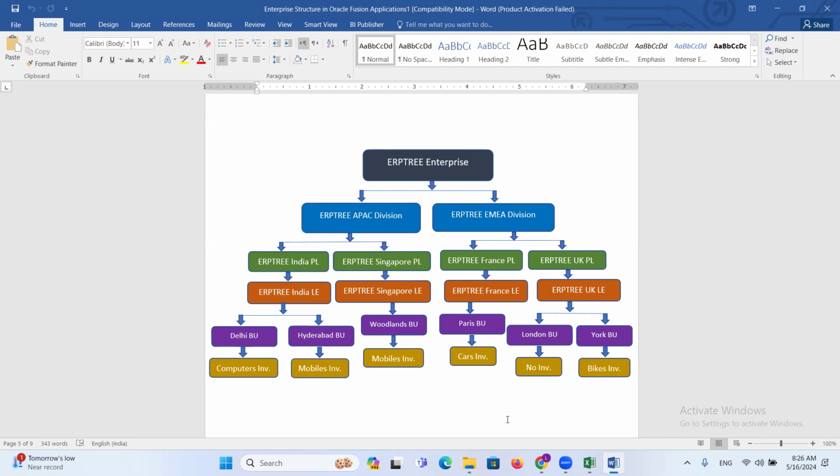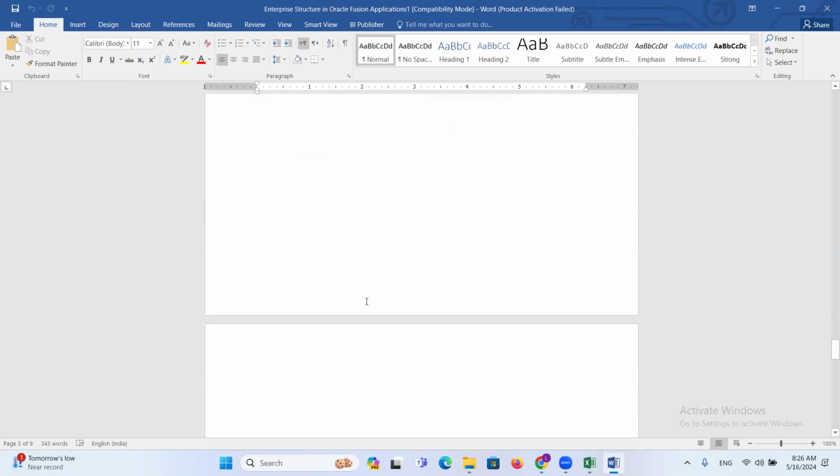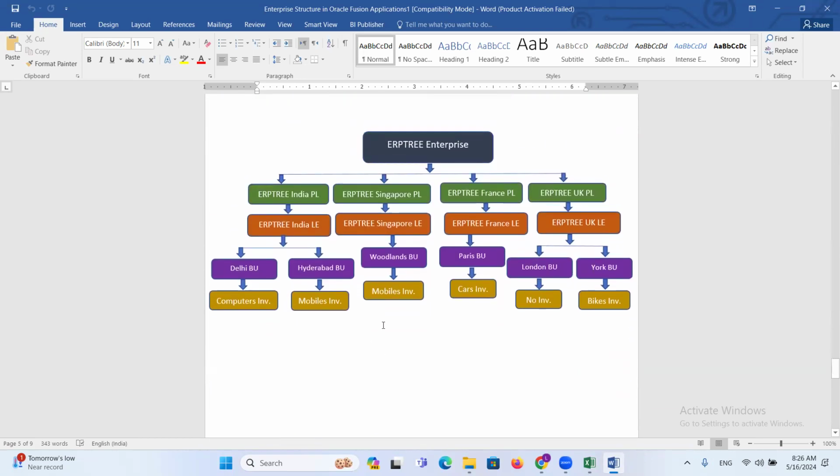In all the rest of the countries, they have operations in one location. So this would be the typical enterprise structure for the use case we took. And we added divisions also, to show how it looks if you include a division. In reality, we don't use division. Without division, this is how the enterprise structure looks.